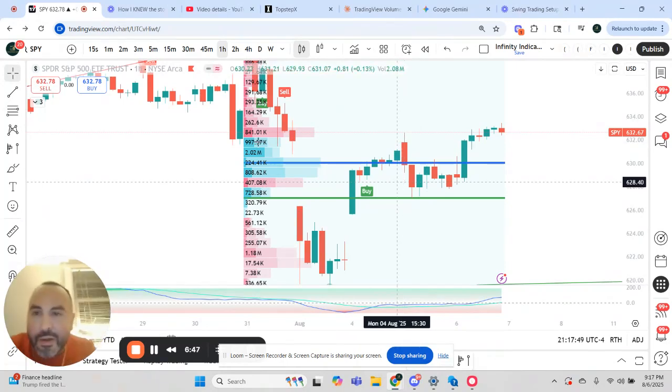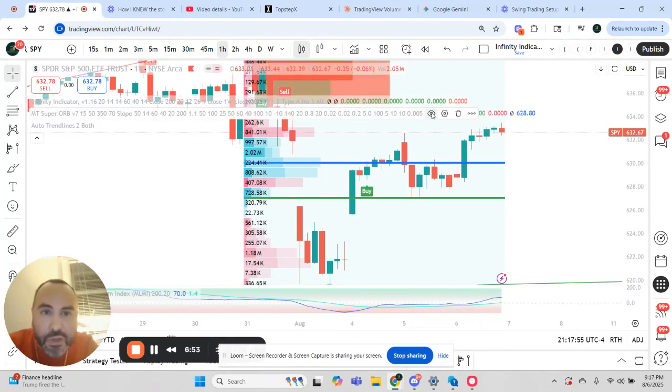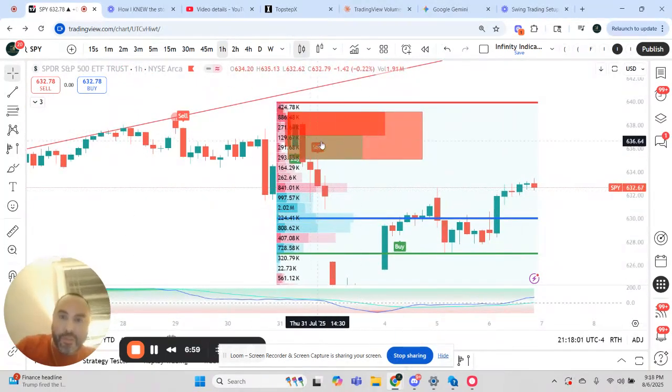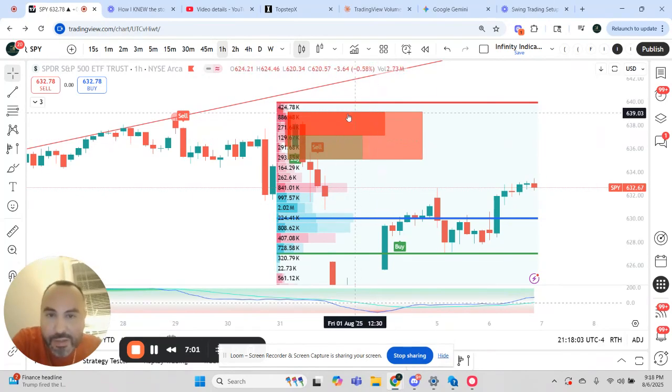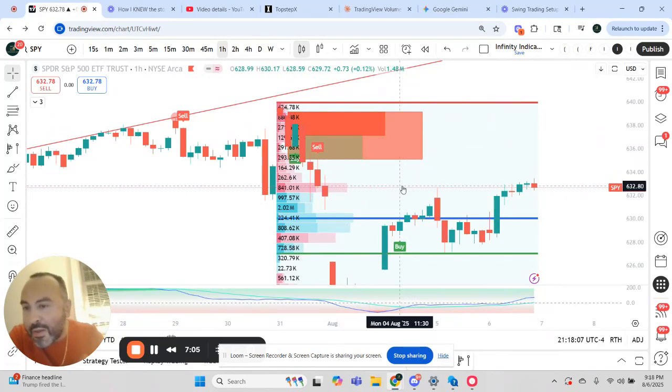And again, the Super Orb indicator you cannot use for swing trading. The only thing you can use, and I do use, and you can turn everything else off in the settings, is keeping the order blocks on. And that's a big help telling me which way the market's going to go.